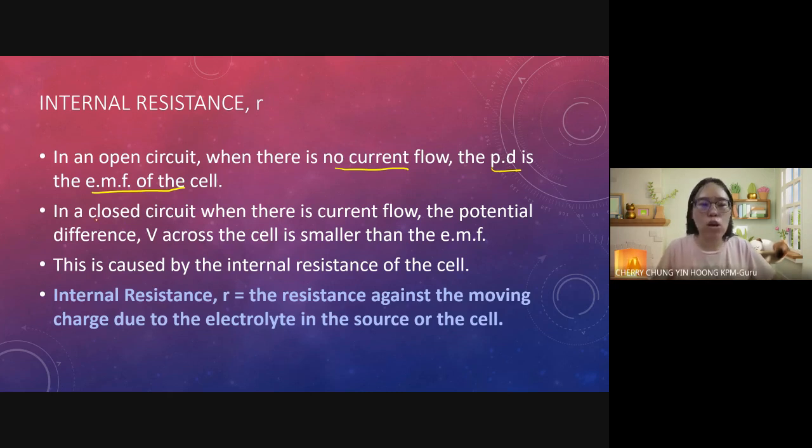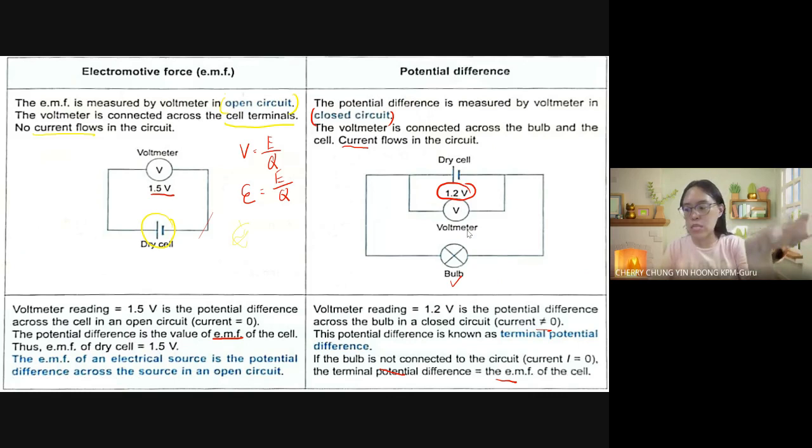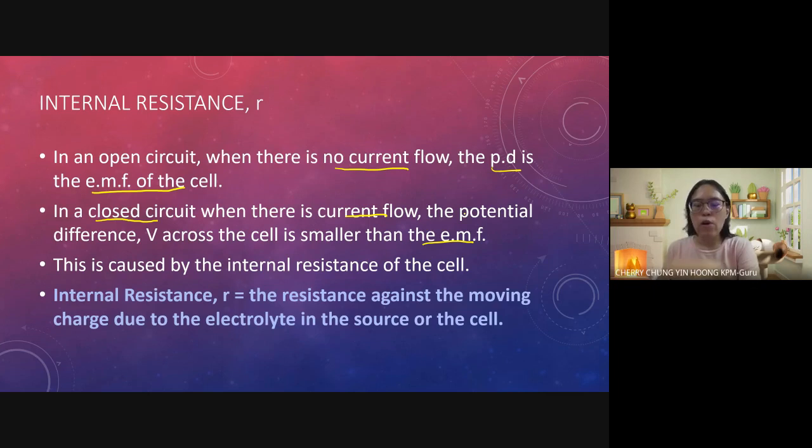But in a closed circuit, when current flows, the potential difference across the cell is smaller than the EMF. Like what I showed you just now, when it was only the battery itself, it was 1.5 volt. But on the right, when connected to a bulb, which is the conductor, the voltmeter reading of the dry cell decreases. Why? As I said, some of the voltage is used to push the charges across the circuit, and another reason is that it is caused by the internal resistance.